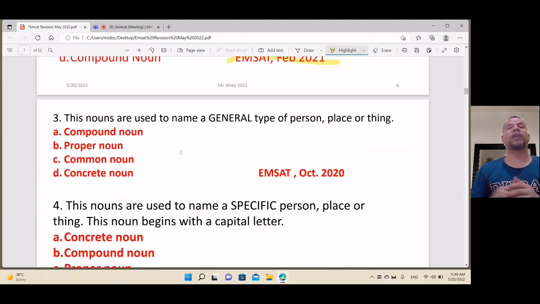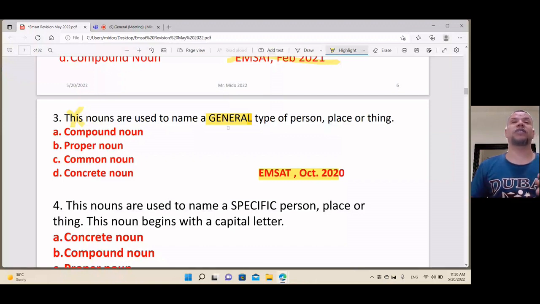Let's see number 3, EmSAT October 2020. We used to name a genre, type of a person or place or things. So when you say sister, brother, without mentioning a name, it's not specific information.